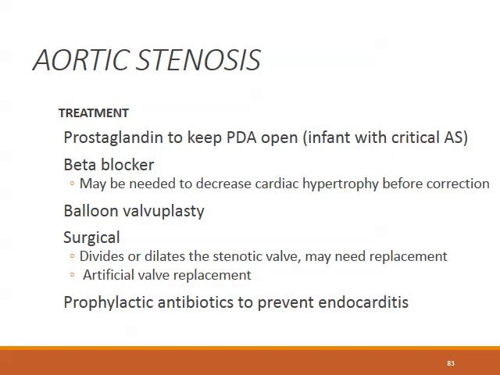They can also do balloon valvoplasty. Now, surgery is going to divide or dilate the stenotic valve, and they may need replacement. An artificial valve replacement can be done, and they will need prophylactic antibiotics to prevent endocarditis.